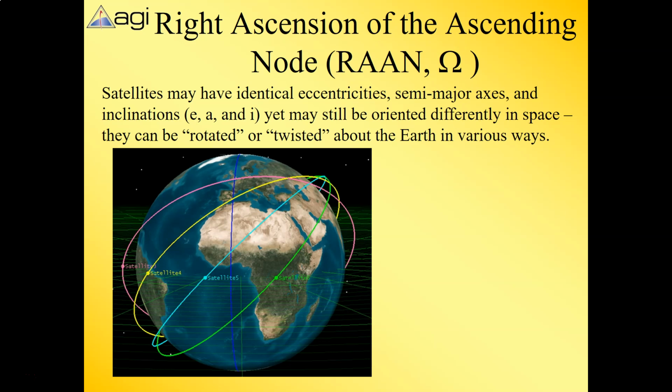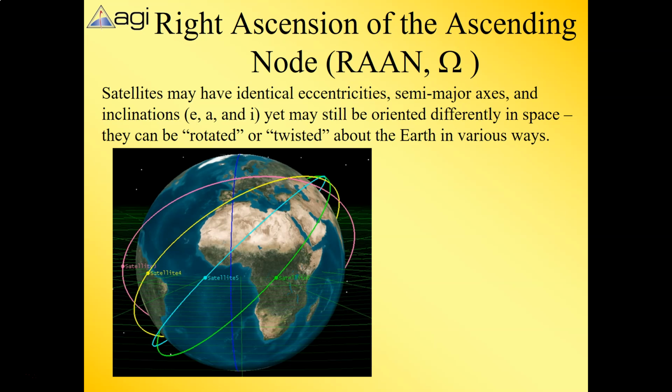But how I twist the hula hoop so that it can tip itself, this is the right ascension of the ascending node. Right ascension of the ascending node can be tricky, but it can be easily explained. And honestly, it can be explained in a single word: twist.